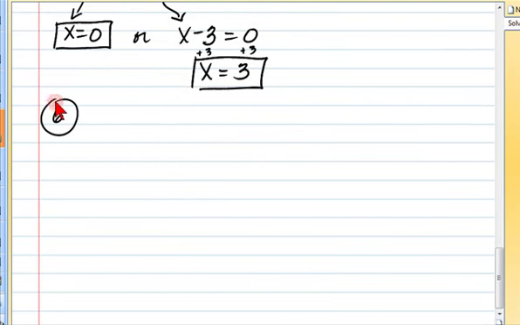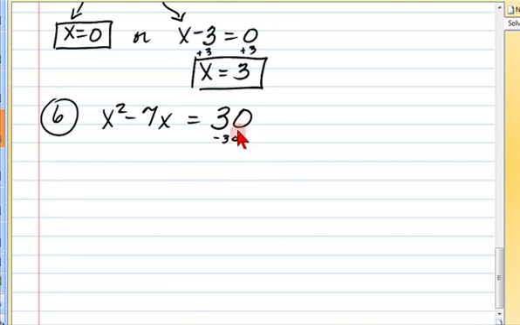Problem 6. I have x squared minus 7x equals 30. Okay, is it quadratic? Yes. Is it equal to 0? No, you've got to force it to be equal to 0. What would you have to do to this 30?